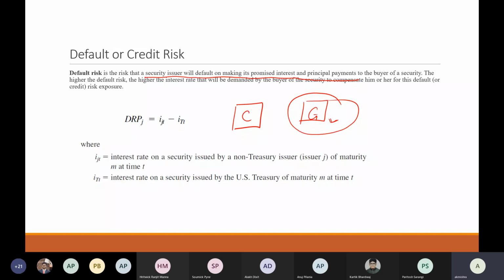That's why when we calculate the default risk premium for a particular company J, it is nothing but the interest that the company is offering on an issued instrument for a given maturity, minus the interest being offered by the government on a same-maturity instrument.